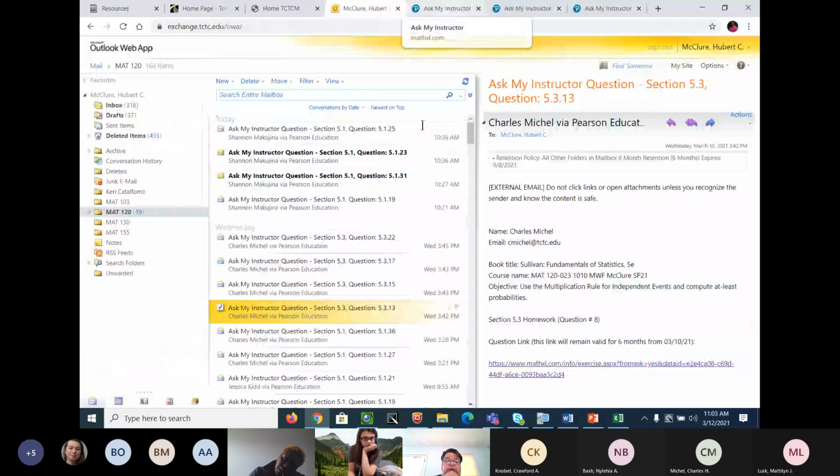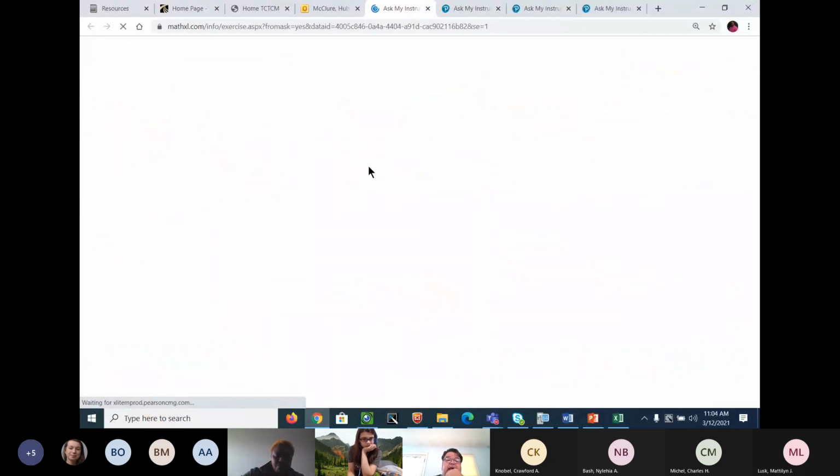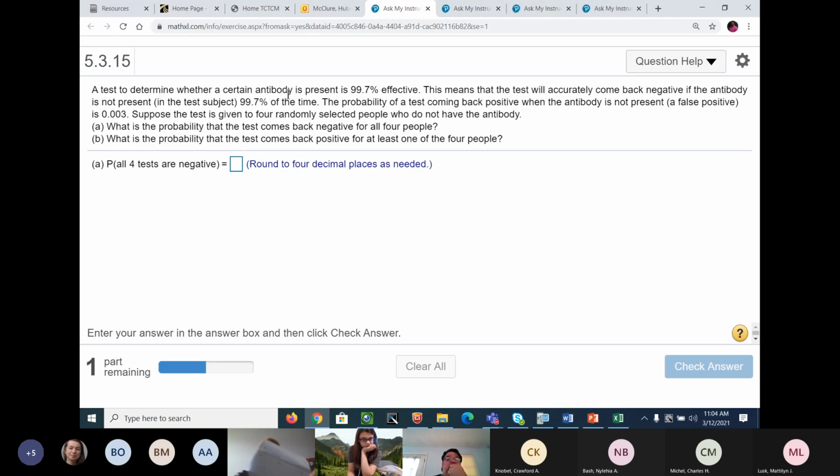All right, so this one is 5.315/9. A test to determine whether a certain antibody is present is 0.997. Well, I'm going to write that down first. Antibody, the probability of an antibody present is equal to 0.997.